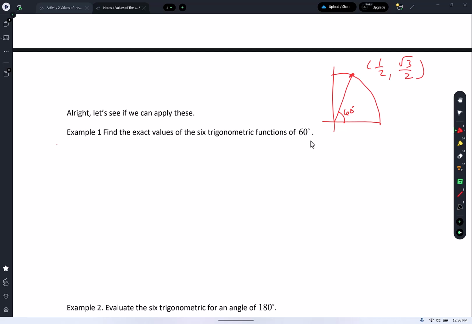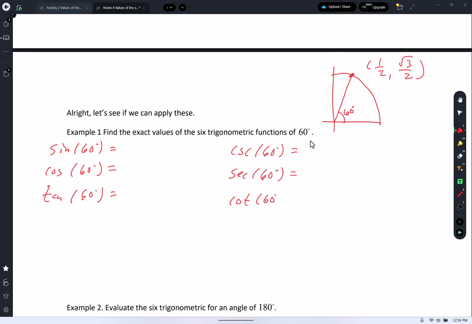I need sine 60 degrees, cosine 60 degrees, tan 60 degrees, cosecant 60 degrees, secant 60 degrees, and cotangent 60 degrees.